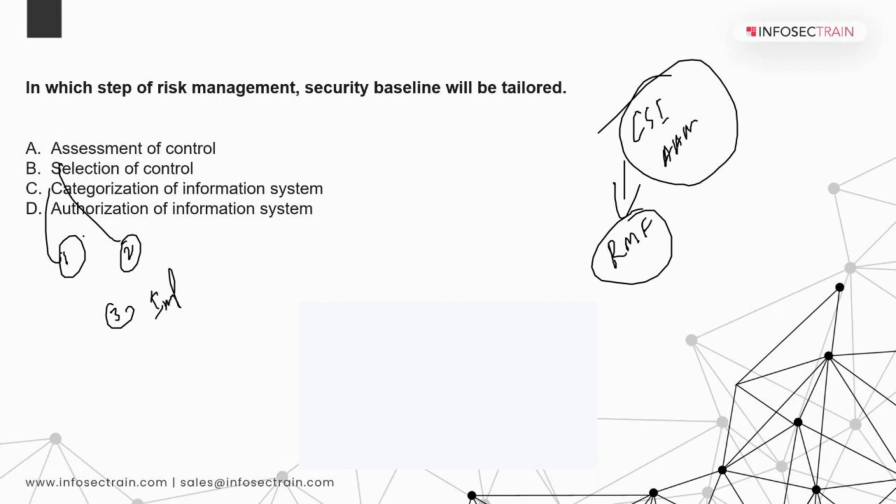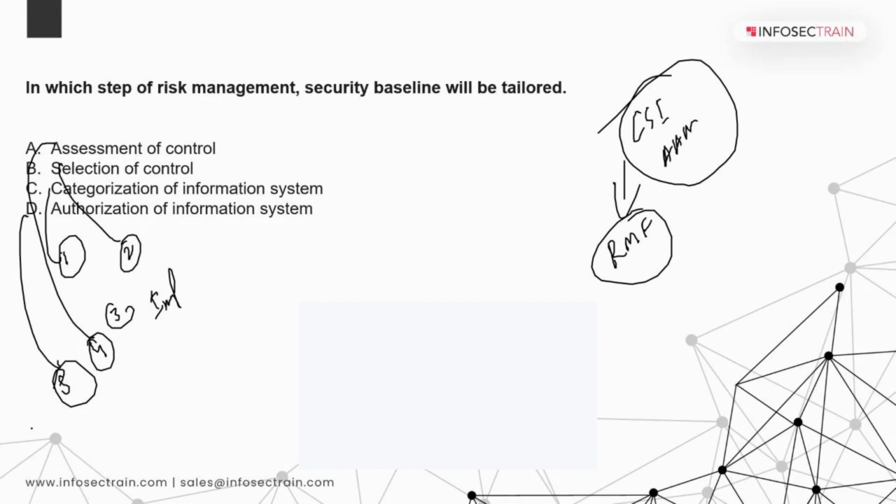What is the fourth one? Assessment. And what is the fifth one? Authorization. And sixth one, monitor, right? Categorization, selection, implementation, assessment, authorization, and monitor. This is your risk management framework.